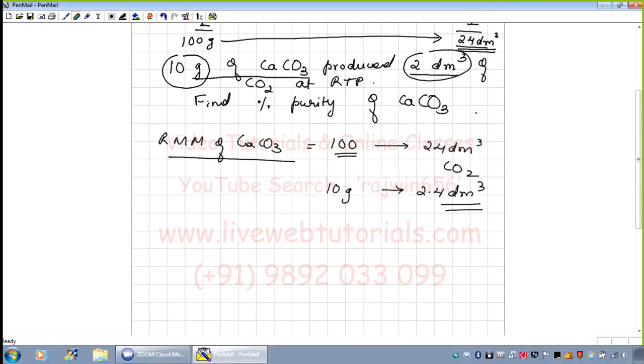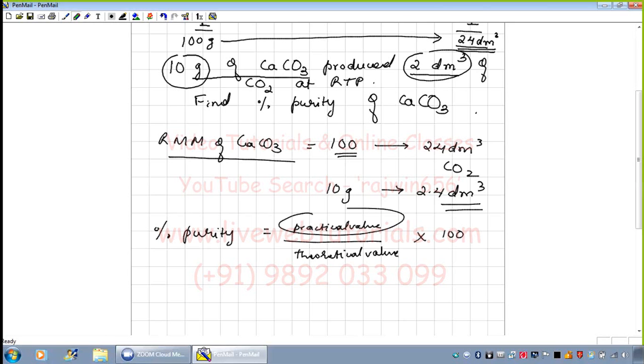So the percentage purity is practical value divided by theoretical value multiplied by 100. Practical value means actually what you are getting. Theoretical value is the value that is calculated. Correct? So this is going to be 2 divided by 2.4 multiplied by 100. Okay. So percentage purity is 83.33%.